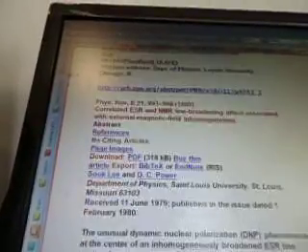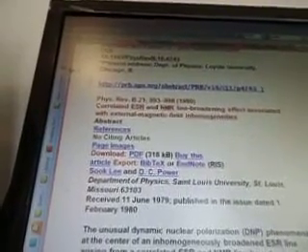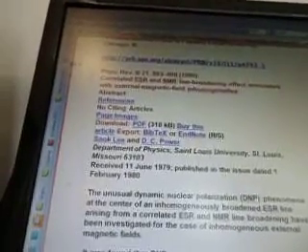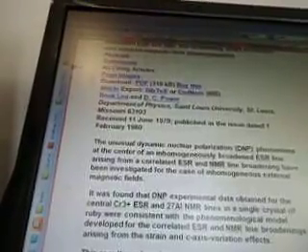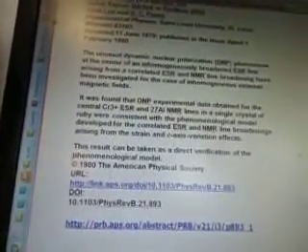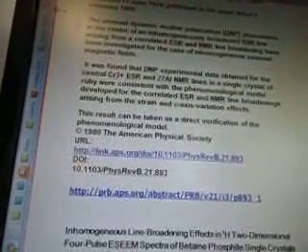That's prb.aps.org. There's another one, Correlated ESR and NMR line broadening effect associated with external magnetic field inhomogeneities. That's from 1979. The usual dynamic nuclear polarization (DNP) phenomena at the center of an inhomogeneously broadened ESR line arising from a correlated ESR and NMR line broadening have been investigated for the case of inhomogeneous external magnetic fields.